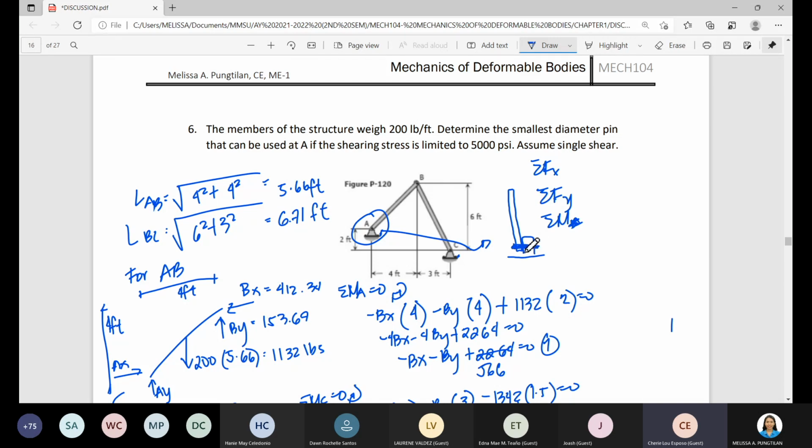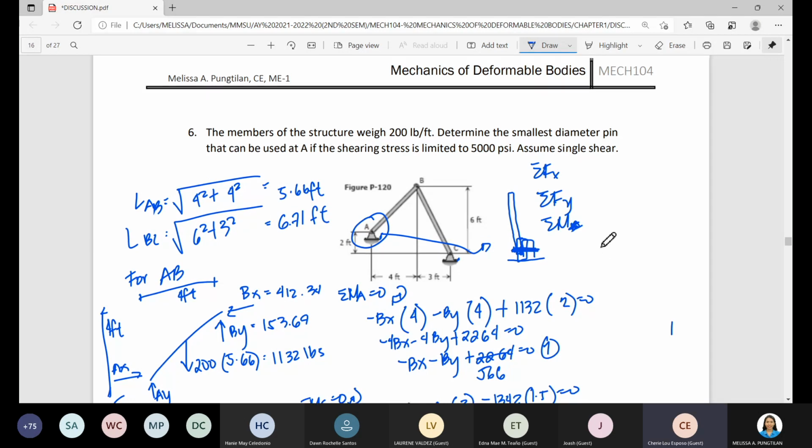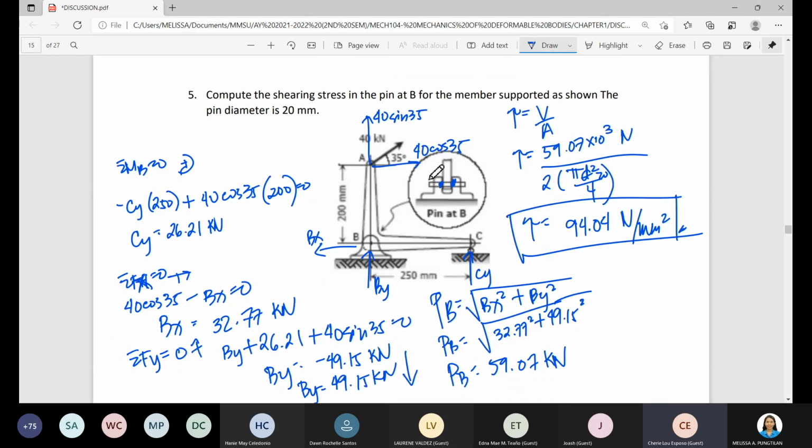So, yung resisting area is just this one. Dito sa part na to. Okay? Kasi yung sabi nga, single shear. Unlike dun sa previous example natin, sabi niya, double shear. Ano ba yung previous example natin? This one, ayan. Double shear. Yung ating member AB, iniipit siya ng magkabilang support.